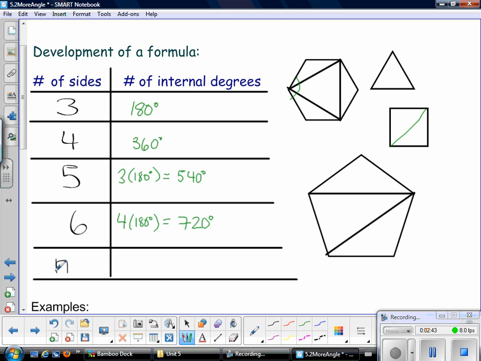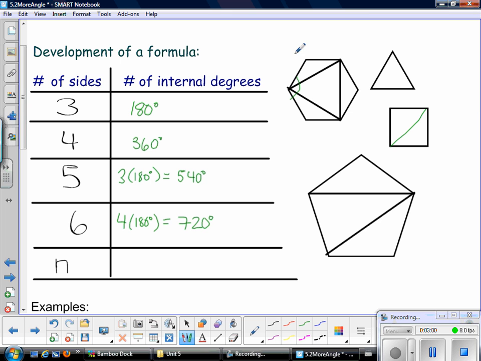Now we've got an issue. I don't want to keep drawing a million different shapes. If I look at n sides, what would the formula be for figuring that out so that I don't have to keep drawing shapes and turning them into triangles?